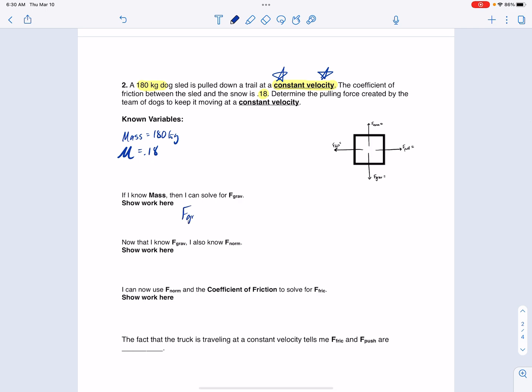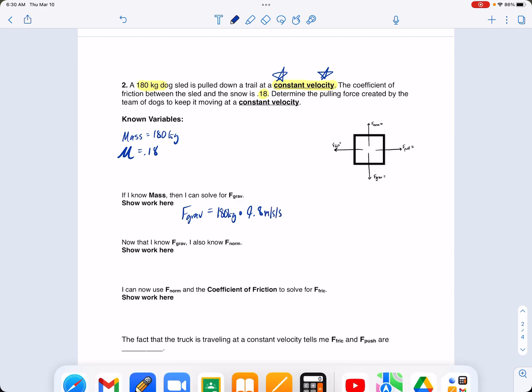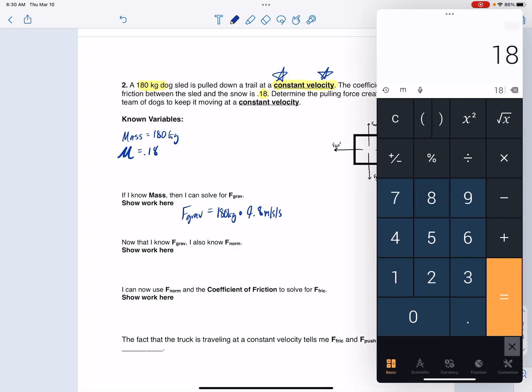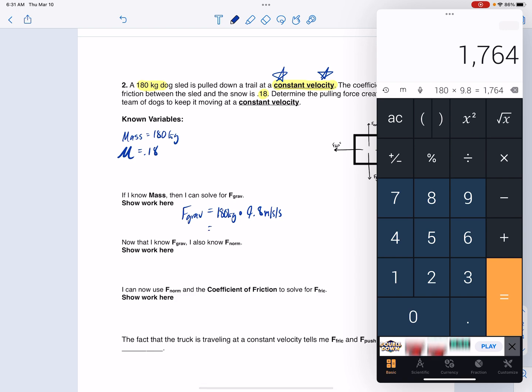And remember, our equation is F grav equals the mass of the object, 180 kilograms, times little g, 9.8 meters per second squared. 180 times 9.8. We've got a force of gravity on this thing of 1,764 newtons.